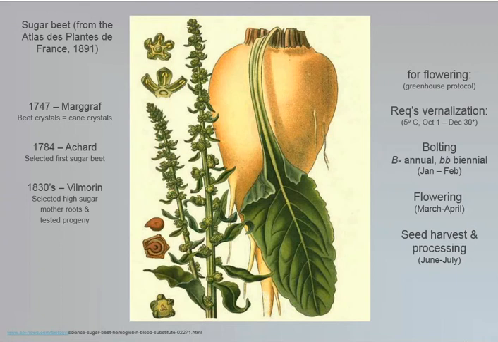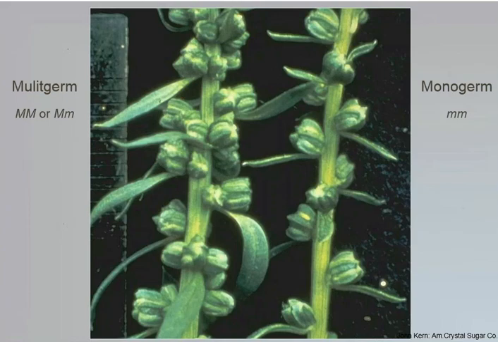But basically, any biennial is double recessive for this bolting gene. It's a single gene. And flowering usually occurs between January and February, when these flowers open, and pollen is shed March to April. So we're right in the middle of our greenhouse season, and then processing and harvesting of the seed will occur.